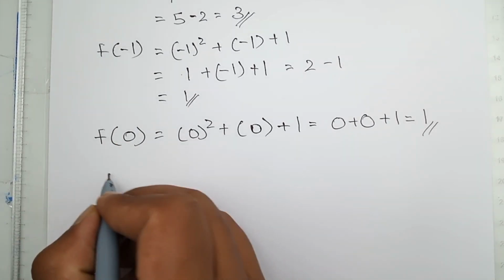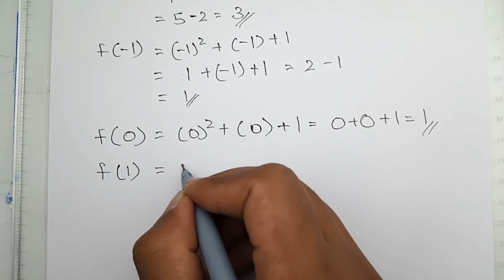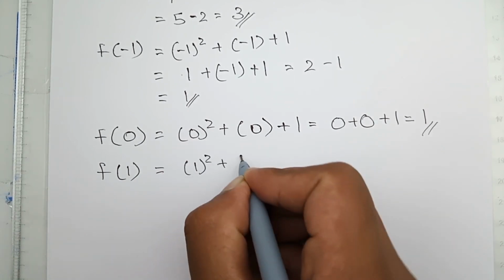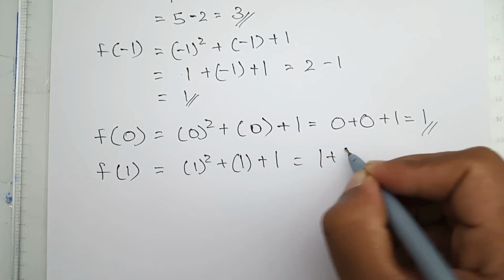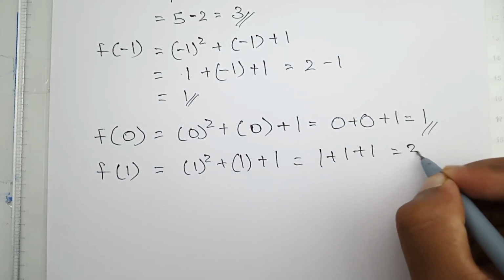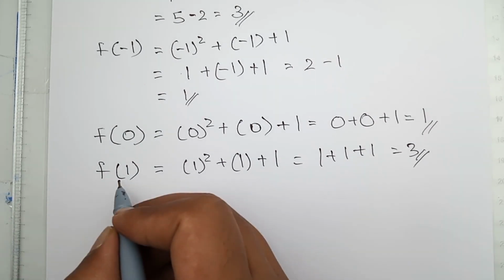Now we will take f of 1. 1 square plus 1 plus 1. 1 square is 1, plus 1 plus 1, that is 3. 3 is the answer for f of 1.